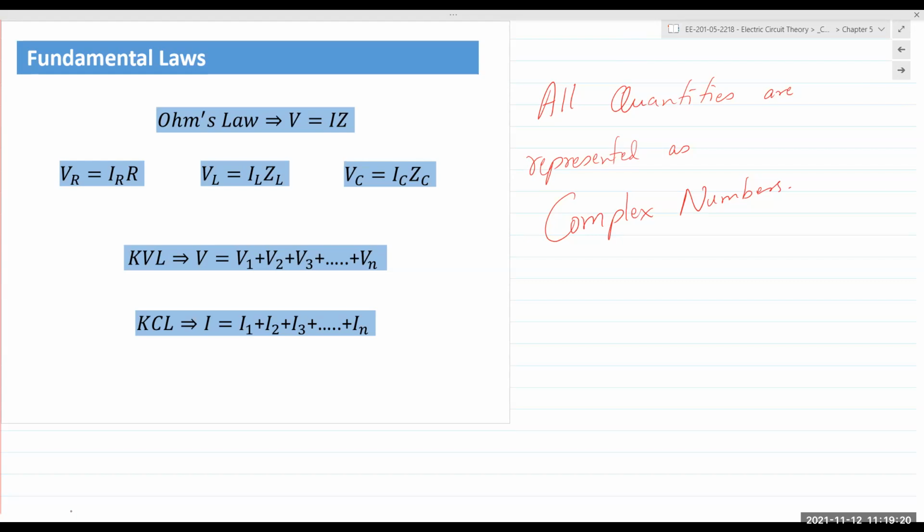So in order for all of these laws to work, we need to take the phase angles into account in our math. And again, I've repeated that the use of complex numbers is so that we can make the math less complex. We will solve a few examples today and you will see exactly how and why.